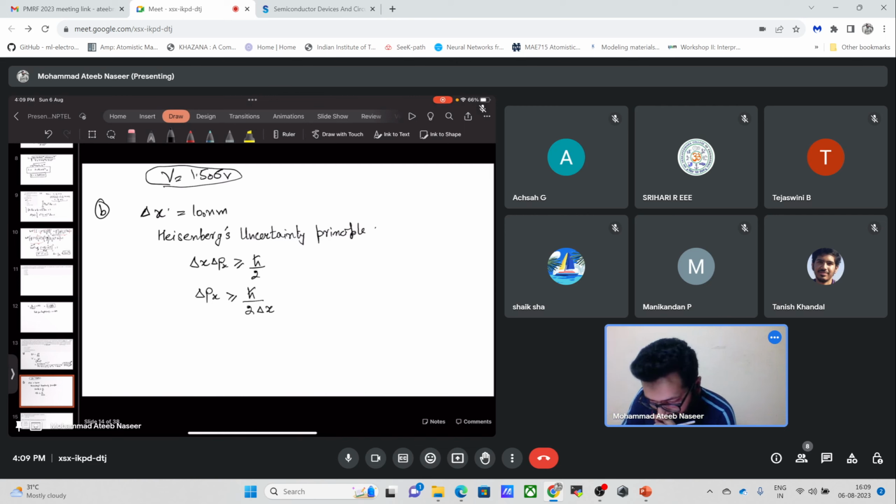So delta px is greater than or equal to h bar, where h bar is 6.626 into 10 to the power of minus 34 divided by 2 pi. We know this is the value of h, 6.626 into 10 to the power of minus 34 joule second, and this 2 pi comes from h by 2 pi, which is equal to h bar, and this is equal to 2 into this separation, as pointed out by Mr. Shaikh.